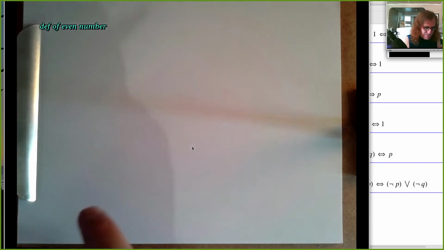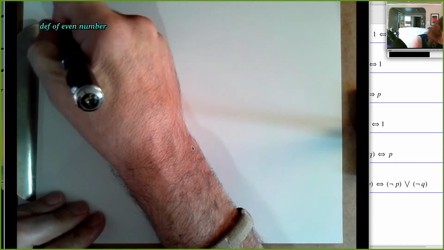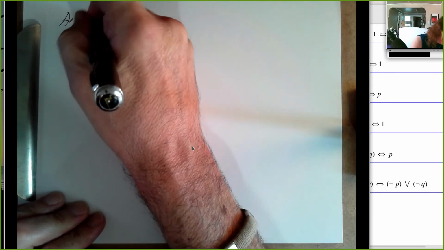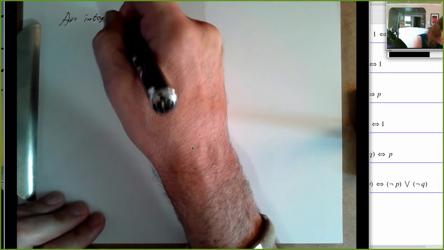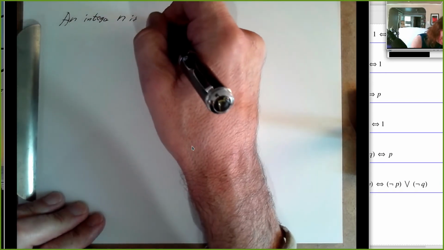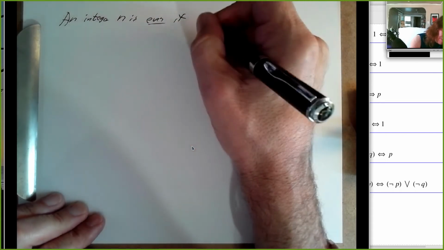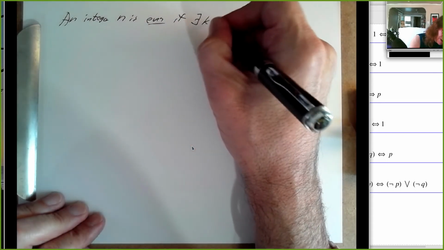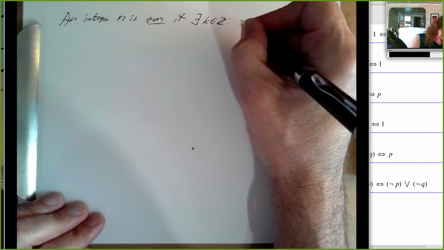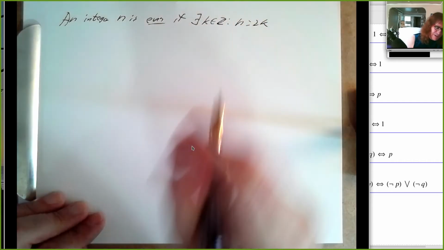So what's the definition of an even number? So an integer n is even if there exists an integer k such that n is equal to 2 times k.